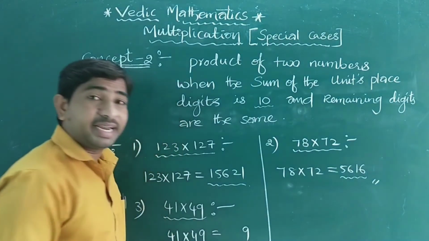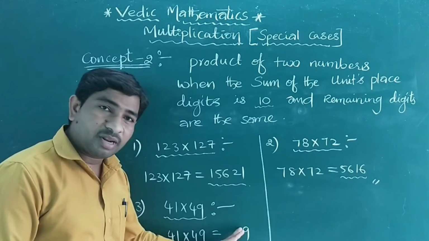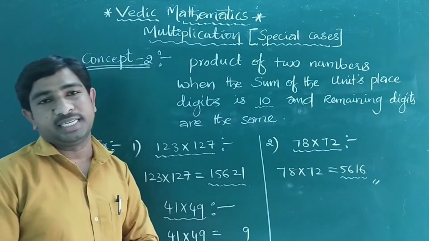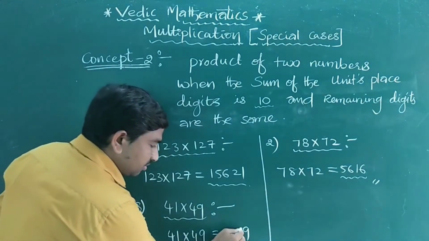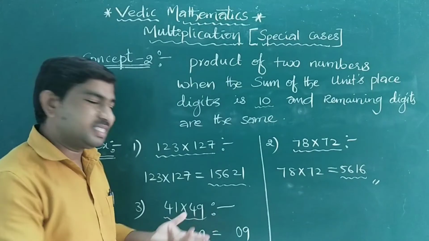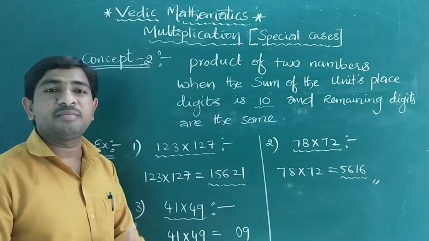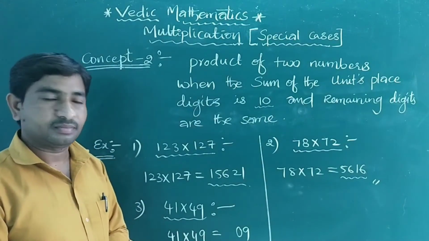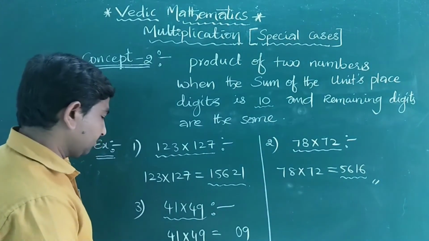When you are getting this 9, the right part of the answer must contain two digits, so you have to give the 0. And 4 4s are 16. Sorry, not 4 4s, 4 into 5. The next number after 4 is 5. So 4 5s are 20.